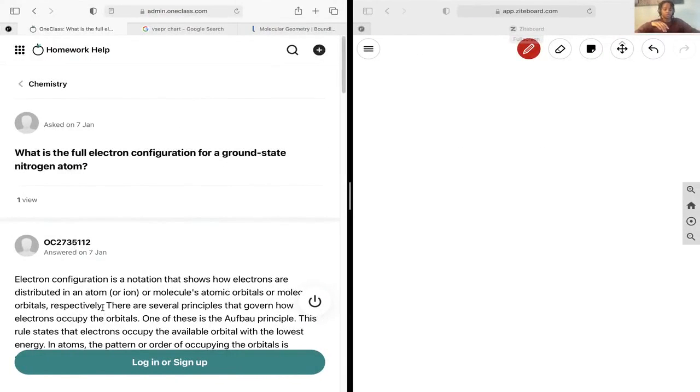Okay, so for our first question, we would like the full electron configuration for a ground state nitrogen atom. To begin answering this question, we need to understand how to get the electron configuration.